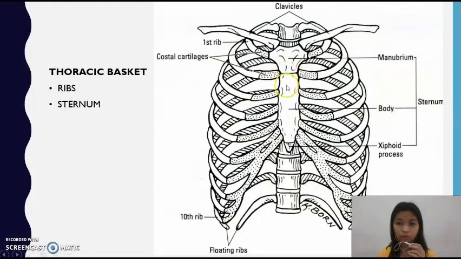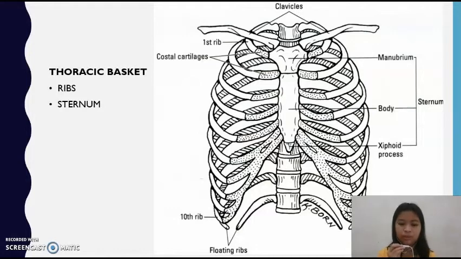Ayan. Ito yung sternum. And then, we have different kinds of ribs. Ayan, tinatawag nating true ribs, false ribs, and floating ribs. So, ano yung true ribs na tinatawag? So, nahati yung ribs pa rin sa tatlo.